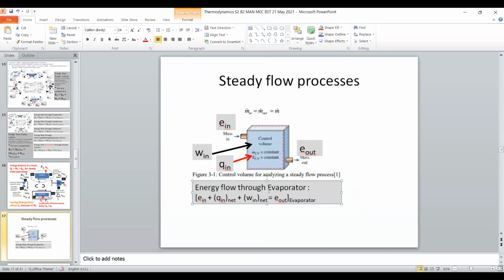Energy flow through a component of a system.